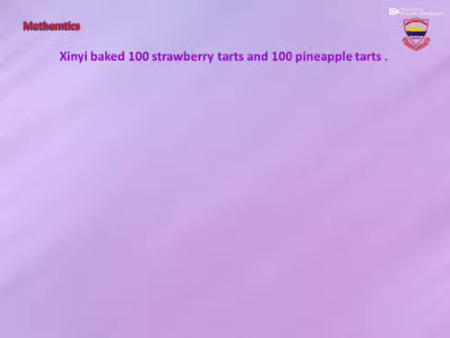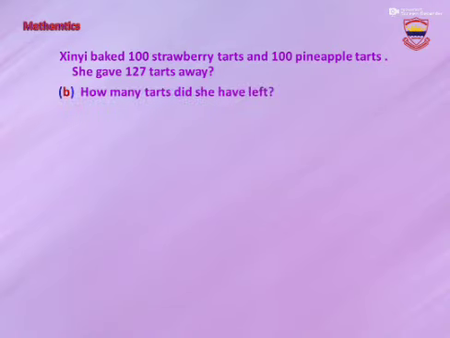Now we solve the B part. What is the statement? The statement is Zini baked 100 strawberry tarts and 100 pineapple tarts. She gave 127 tarts away. Let's see which question is asked in B part. In B part, how many tarts did she have left? Now let's learn how we solve it.